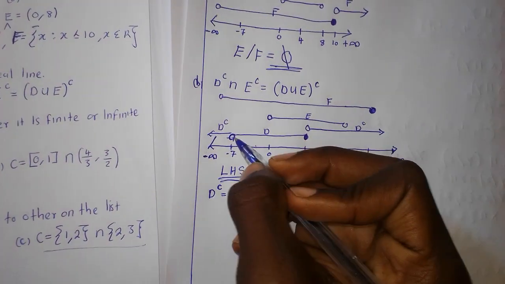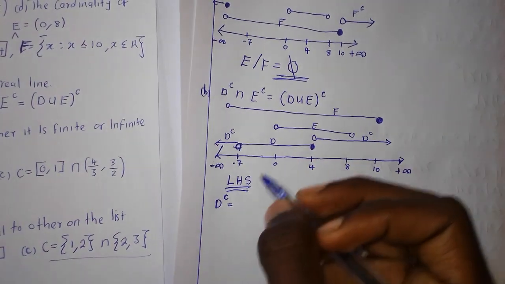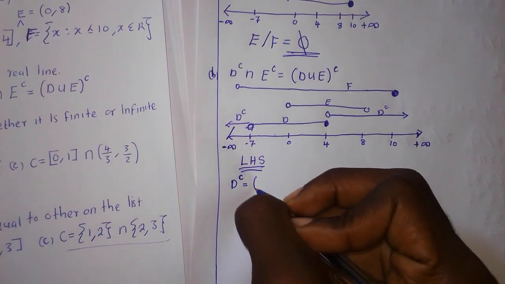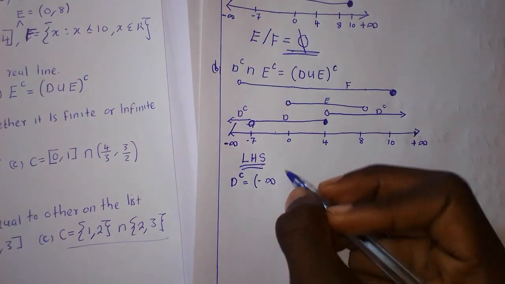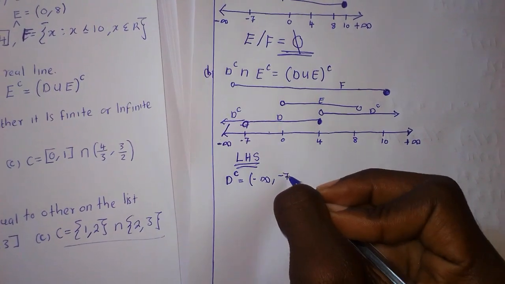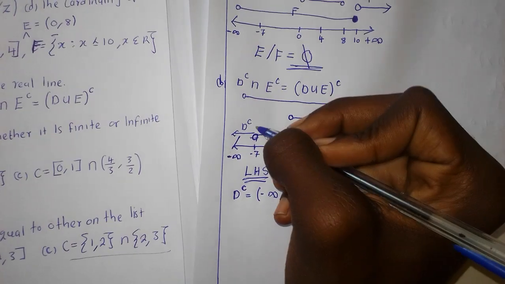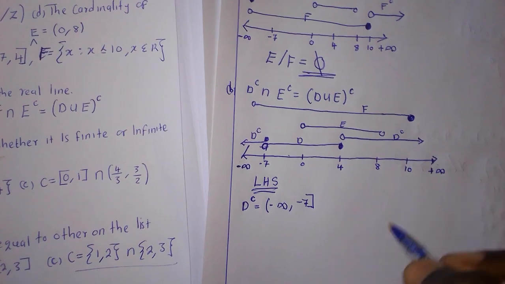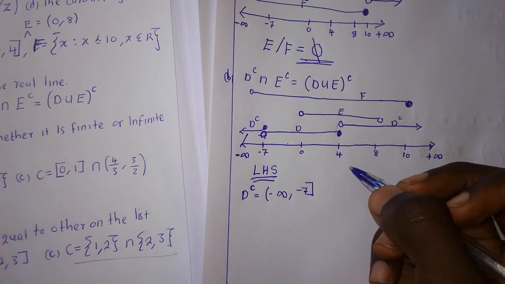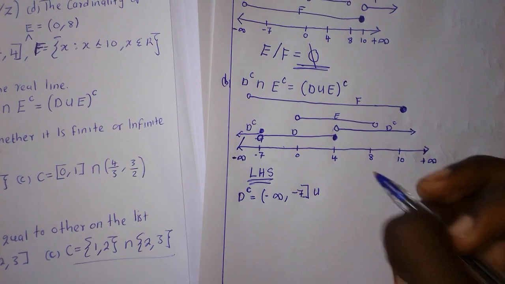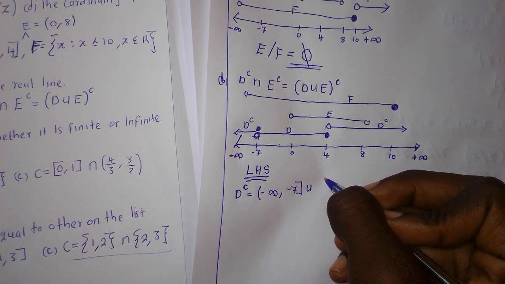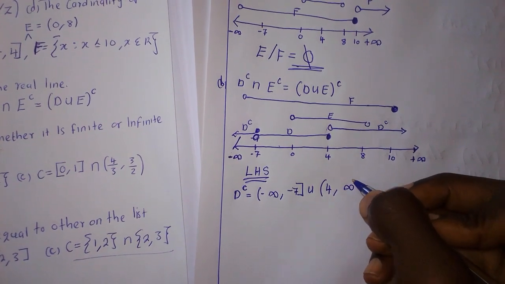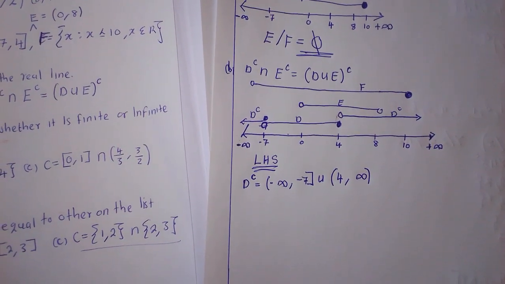Now you discover that the interval is going to come from negative infinity up to negative 7 included, because this was an open circle, so this is going to be included. So now this is going to be union. Then this is going to come from the point 4 to positive infinity, like this.